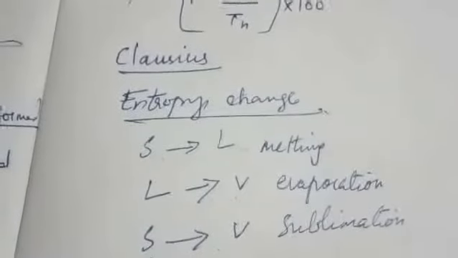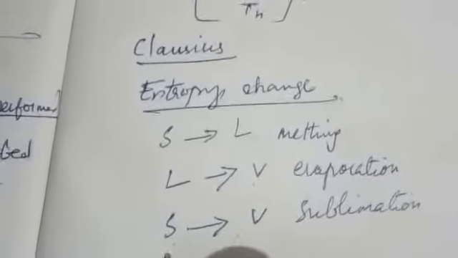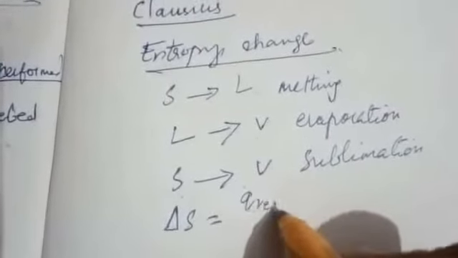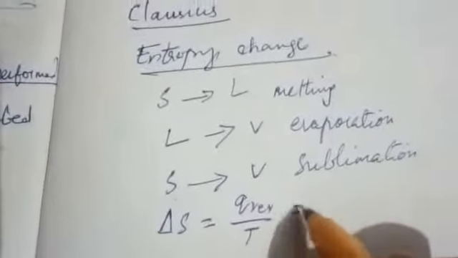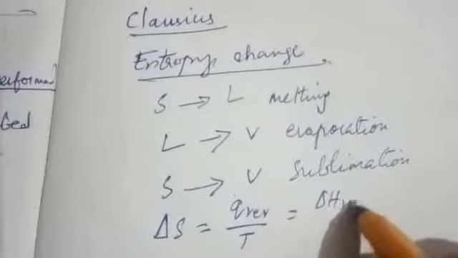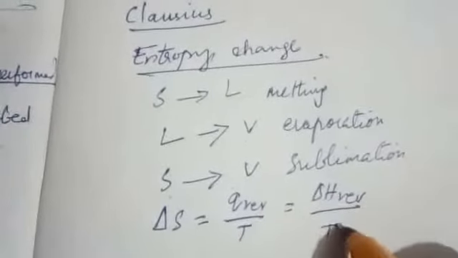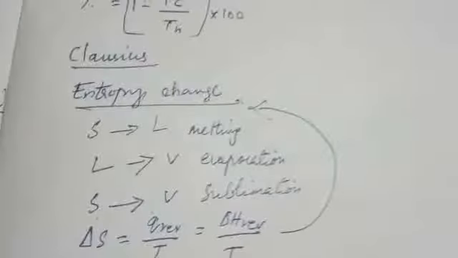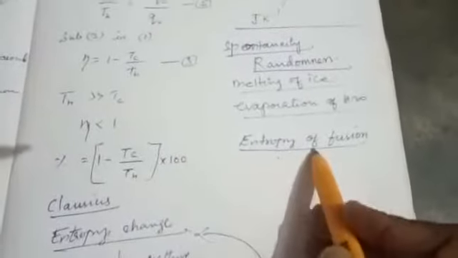First one, entropy of fusion. That means delta S equals Q reversible divided by T, which equals delta H reversible divided by T. That is entropy change. Next, entropy of fusion.